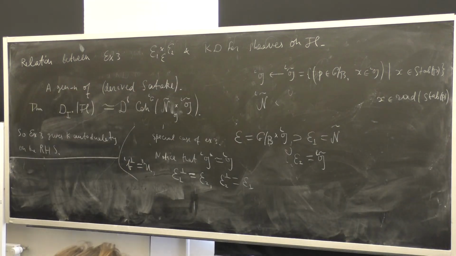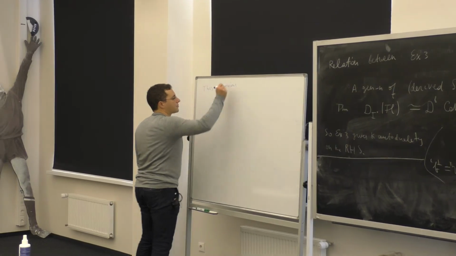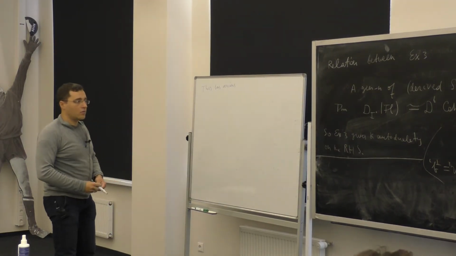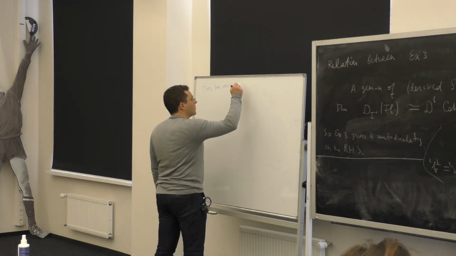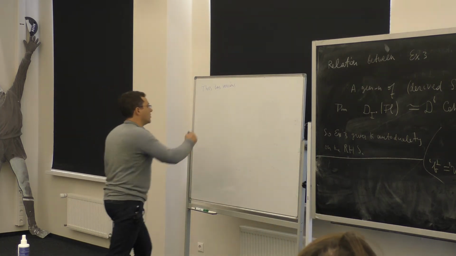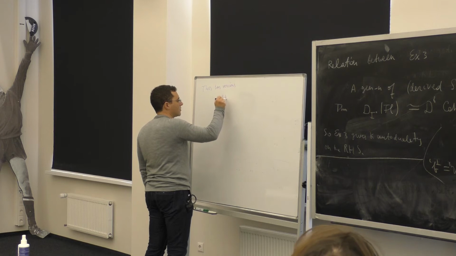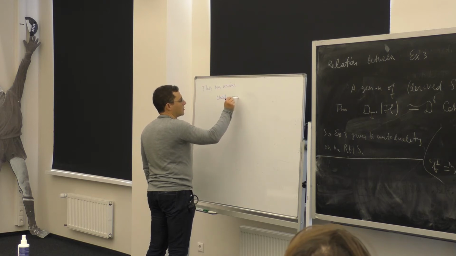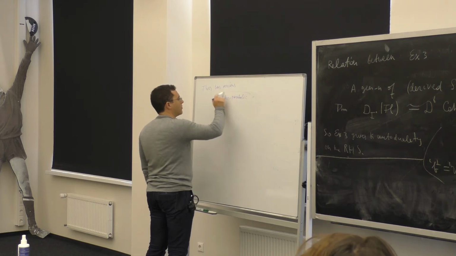So this has versions where you replace flags by parabolic flags, maybe I should say Whittaker parabolic versions, just as in the finite dimensional case.